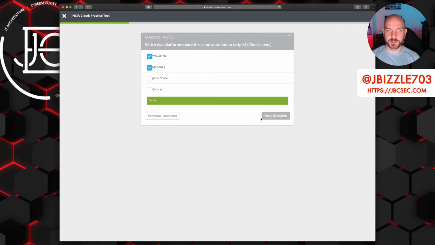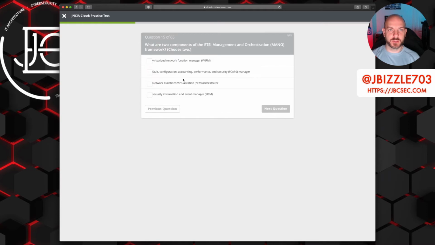Okay. Yeah. I didn't understand. Junos Space and Contrail are two different management applications that they have. So I didn't quite understand where they were going with that, but there you go. The scripts are the same between the hardware and the virtualized one. So I think that's what they were going for.